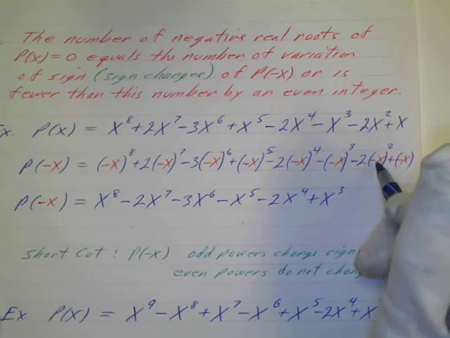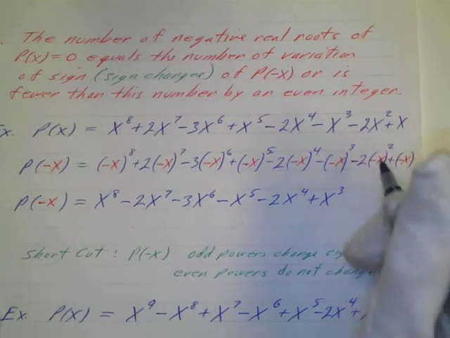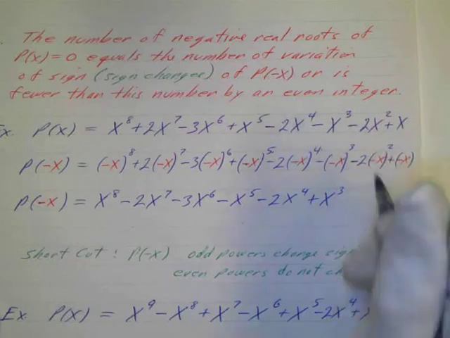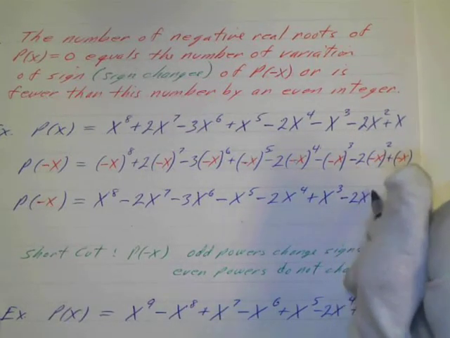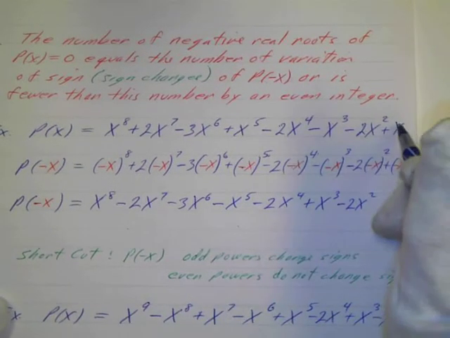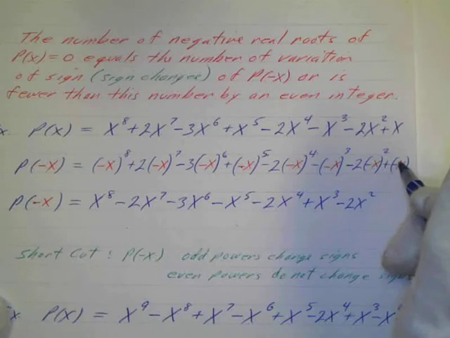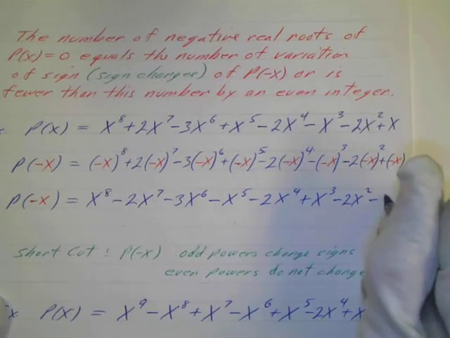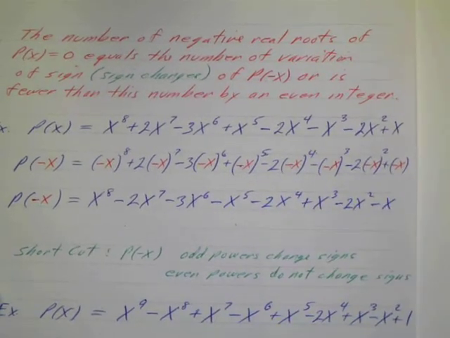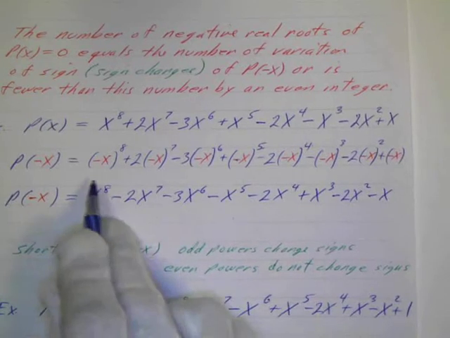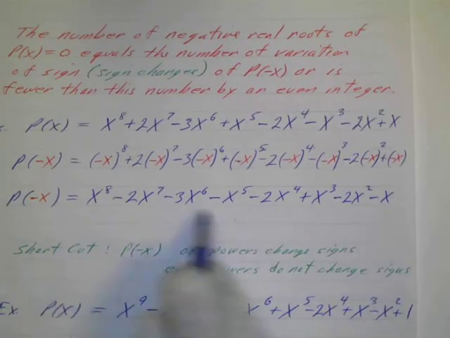And a negative to an even power is a positive, so a positive times a negative is, I'm sorry, a negative, excuse me. And then negative x is just a negative x times a positive, which is a negative x. So that's how we would put the negative x in and show that we have this.